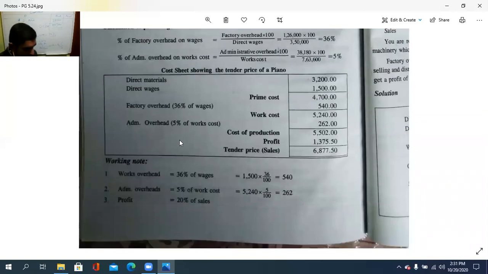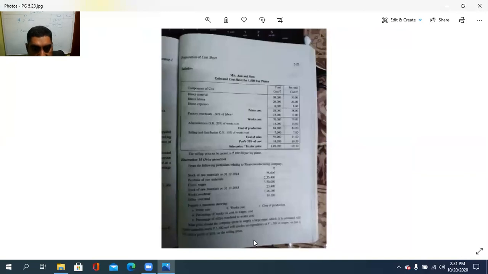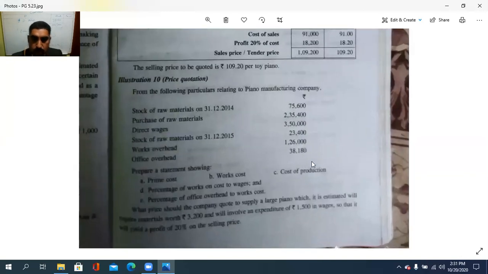Next, what are they asking us to do? They are asking for a quotation. The first half is this; the second half is the price the company should quote to supply a large piano. That is the quotation.